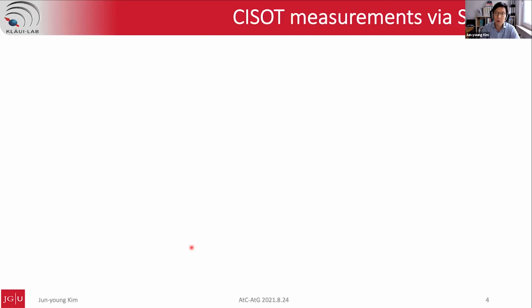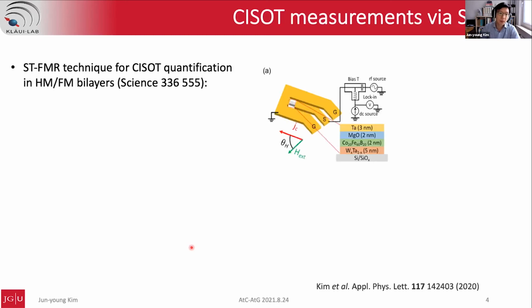Okay, so just a quick word on the methodology. The ST-FMR technique is a powerful and interesting technique for quantifying the current-induced spin-orbit torques in a heavy metal ferromagnetic bilayer. The main experimental procedure is to introduce the RF current into the strip, and then this RF current in the heavy metal produces an oscillating Oersted field in the ferromagnet.